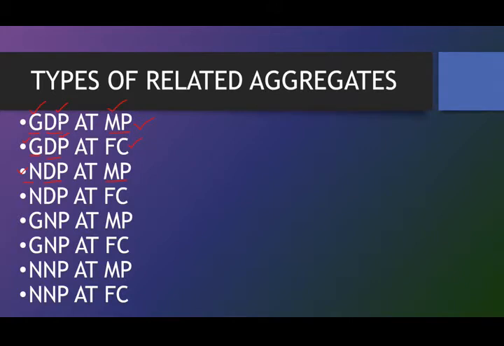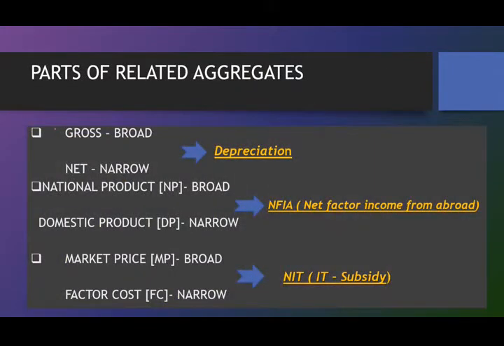Before understanding each related aggregate or before seeing the definition, we must check what all parts of the related aggregate say. So the first part we have is G or N. Let us understand the difference between gross and net. What do we mean by G and N? G stands for gross and N stands for net. And gross is the broader concept because it includes depreciation.